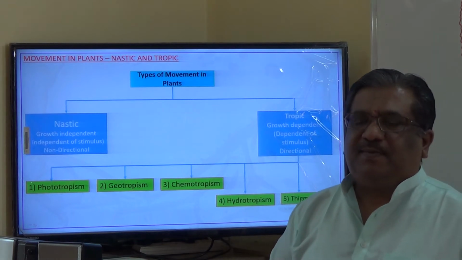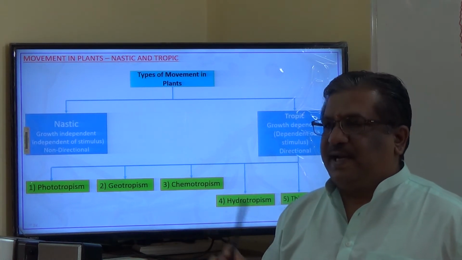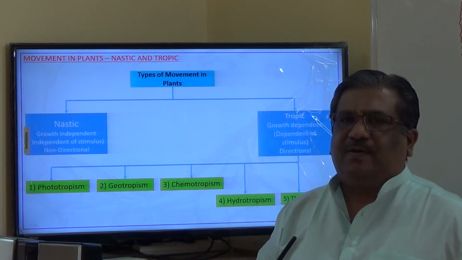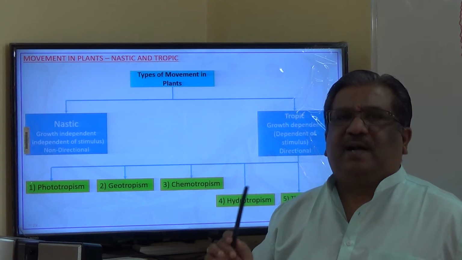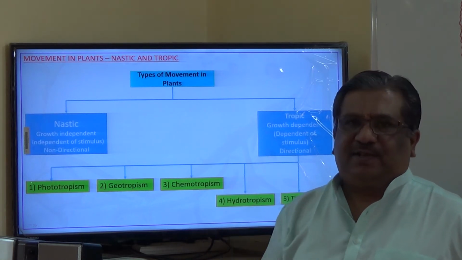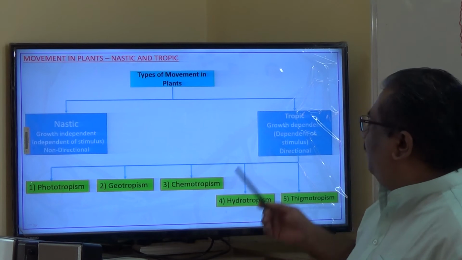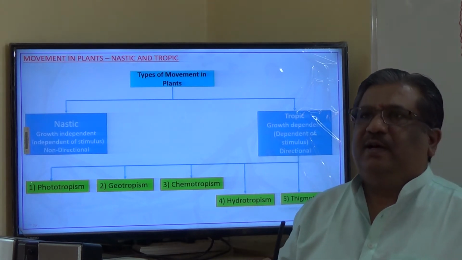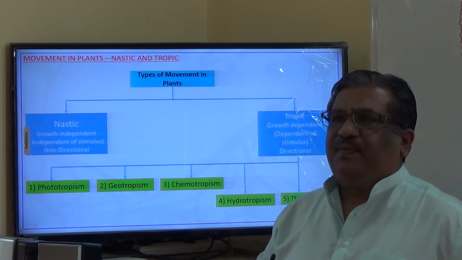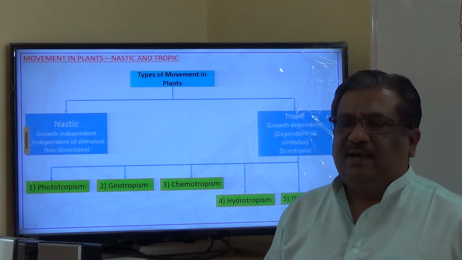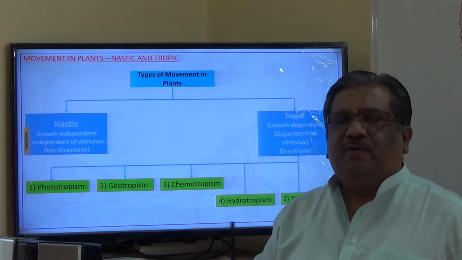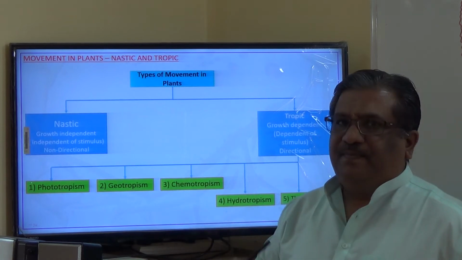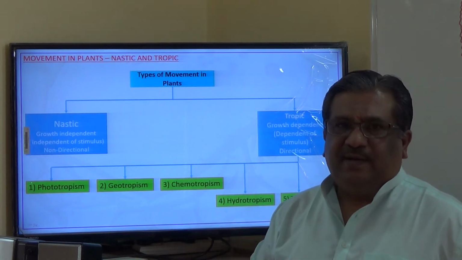We are going to study in one of the slides, probably the last slide, the different types of plant hormones and their functions. Okay, please remember, tropic movements are slow movements in response to a particular stimulus, growth related movements that take place due to plant hormones, whereas nastic movements are growth independent.